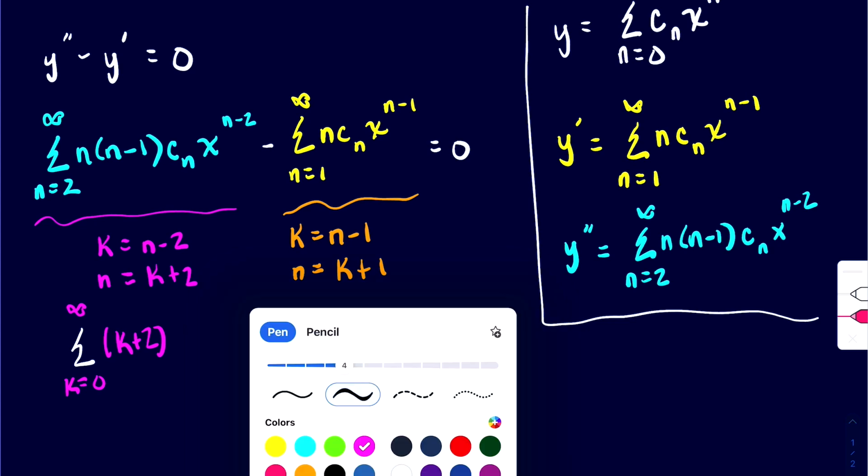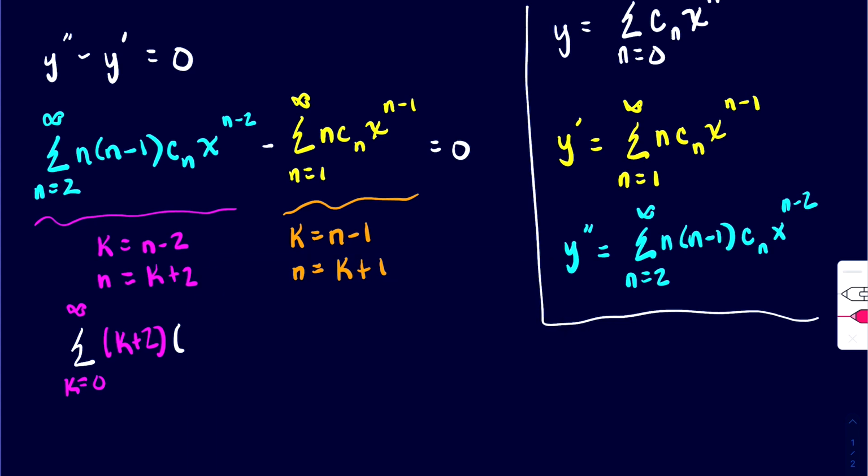And then times n minus 1, so again, k plus 2 minus 1, times c sub k plus 2, times x raised to the n minus 2, which is k plus 2 minus 2. So that's that first summation.